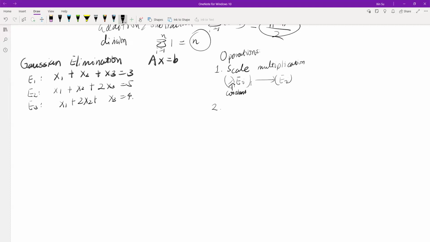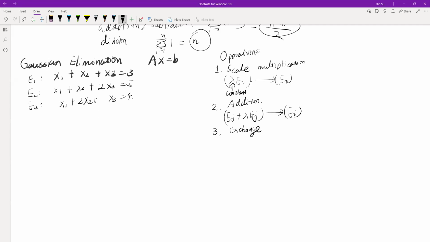That is the summation or addition. We can use equation I and then lambda times equation J, do such a summation here, and then replace the original equation I. And we can also do the third operation here, and that is the exchange.